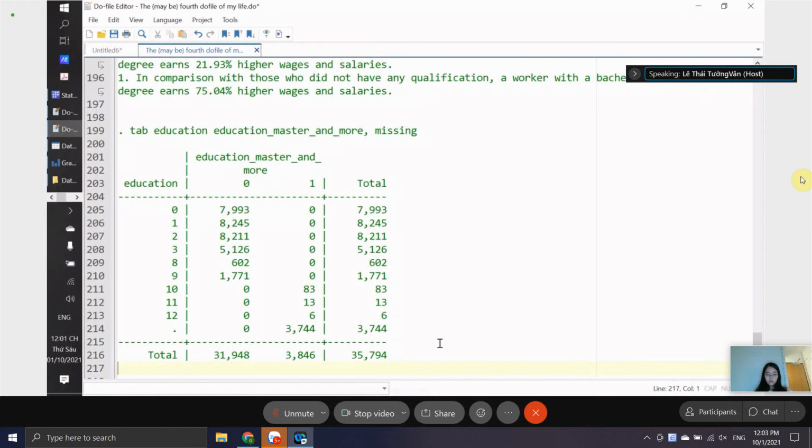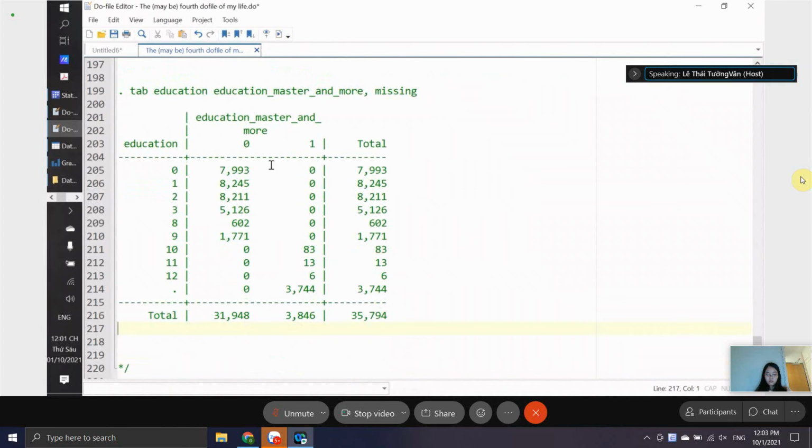Okay. So you see, the people who have a master degree and more include those who have a master degree, a PhD degree, and something different here. This is something I have to correct for. And also the ones who have missing value. This is problematic.